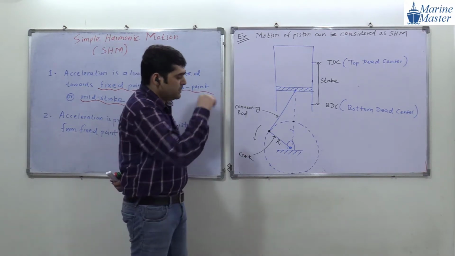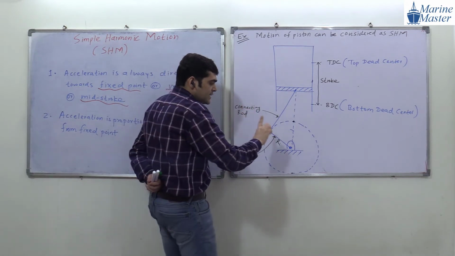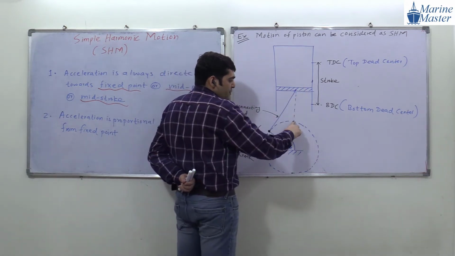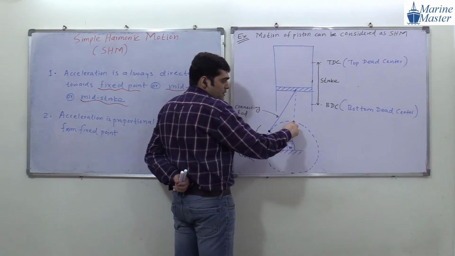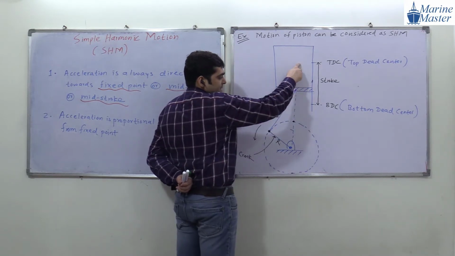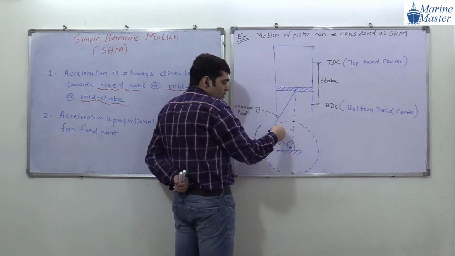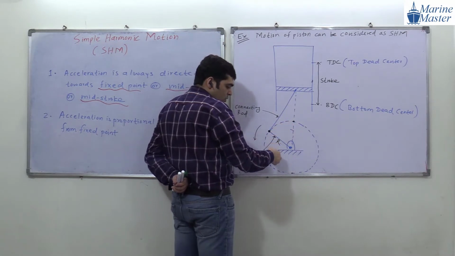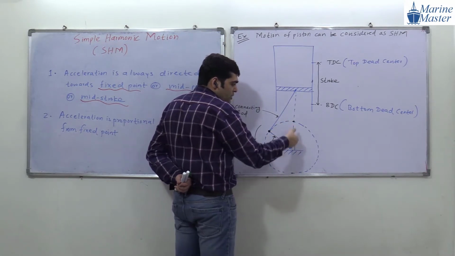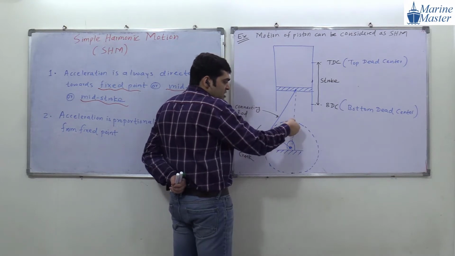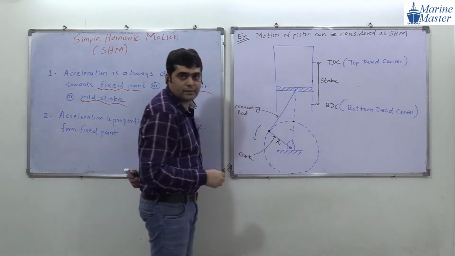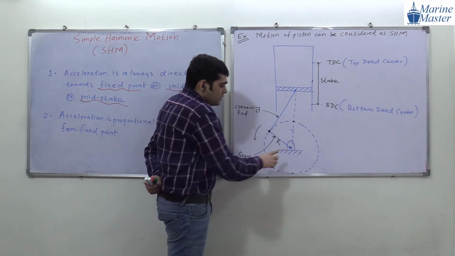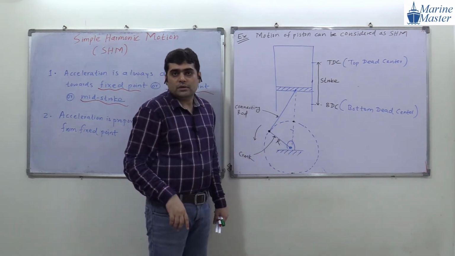See, I am going to explain once again. When our crank position is at this location, our piston is at TDC. When our crank goes down and comes to this location, by how much vertical distance has this point moved?